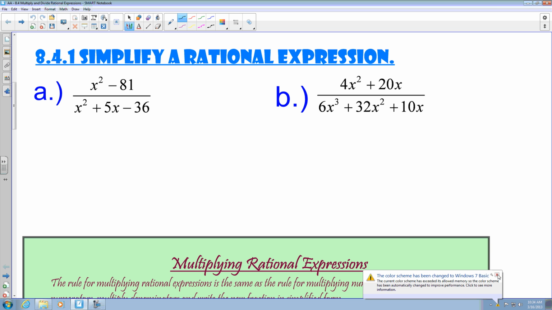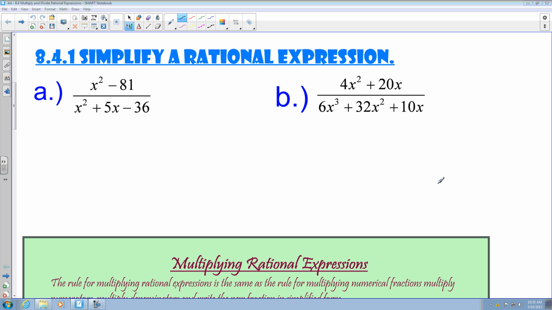But what we like to do in this section is, sometimes even before we multiply or divide, see if I can factor the numerator and denominator and cancel things out before we reach the multiplication or division operation. So when I look at examples A and B, all we're doing is getting that fraction into its simplest form.